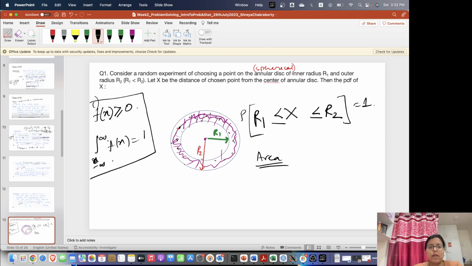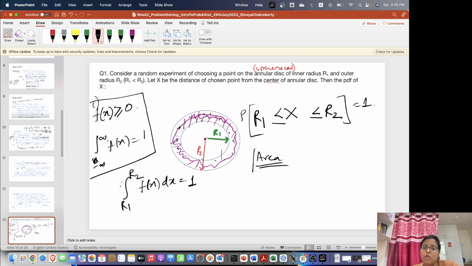The thing I want to keep in mind is that x always lies between R1 and R2. So the integral from R1 to R2 of fx dx should be equal to 1, because this is the support of x.